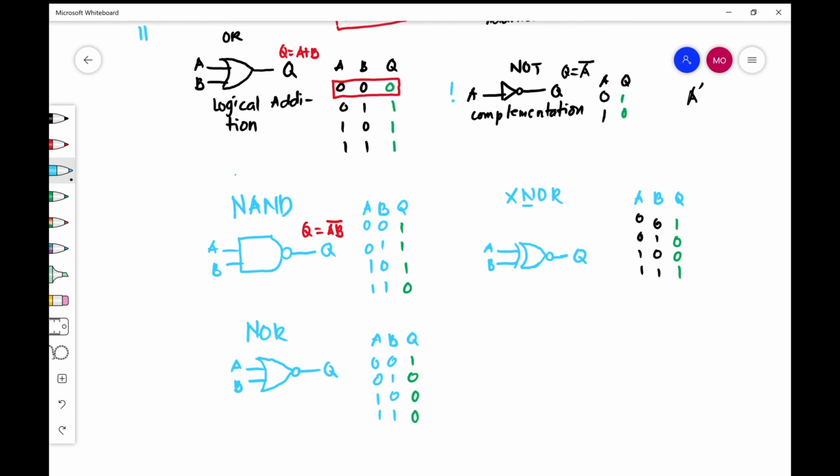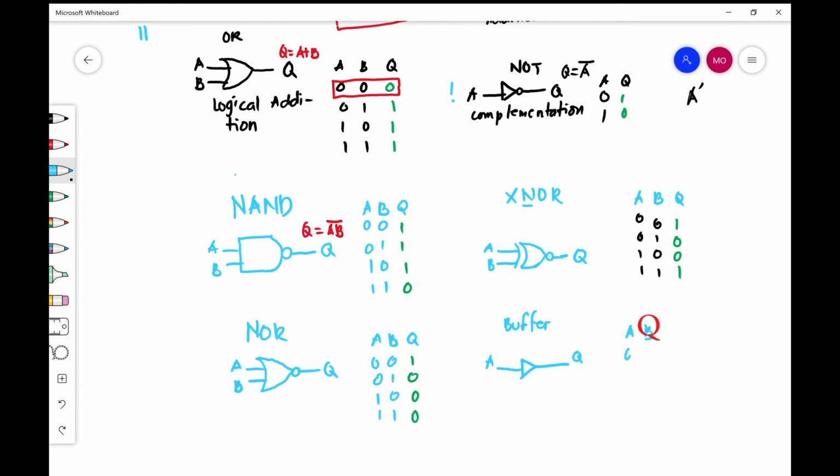And lastly, we call it buffer. The function of buffer is to strengthen the signal. Because you might be thinking, sir, what's the opposite of a NOT gate? If you have an input of A and an output of Q, you have the following.